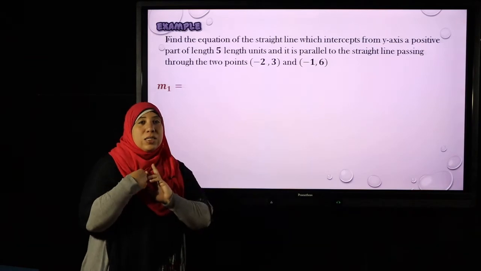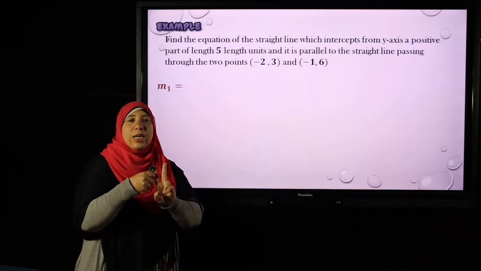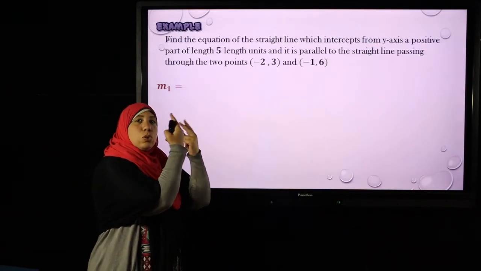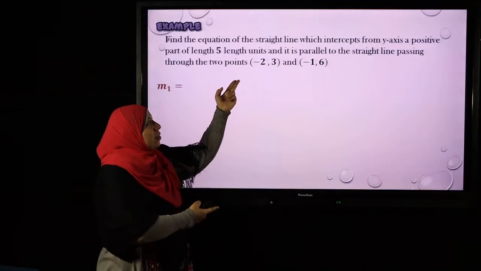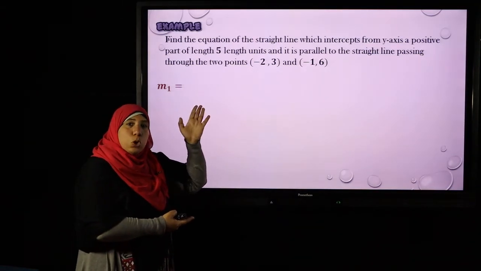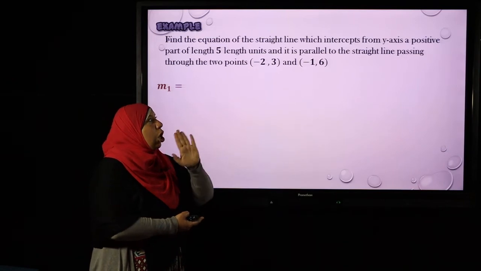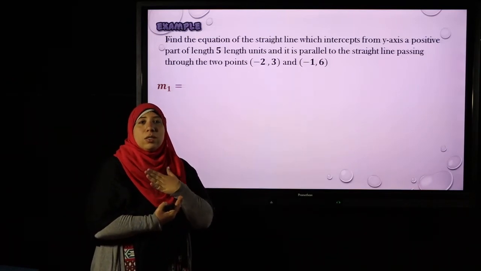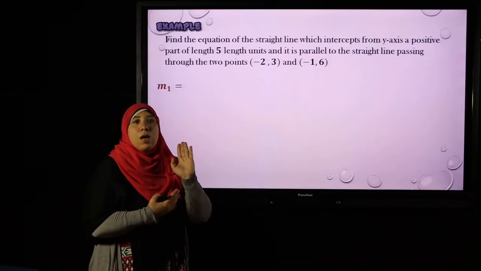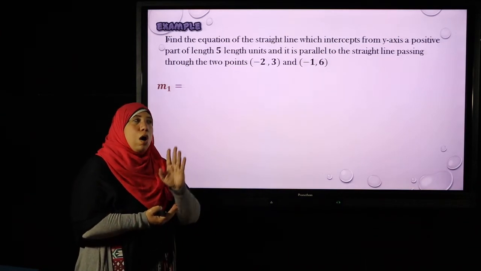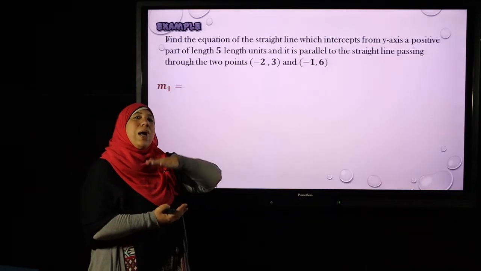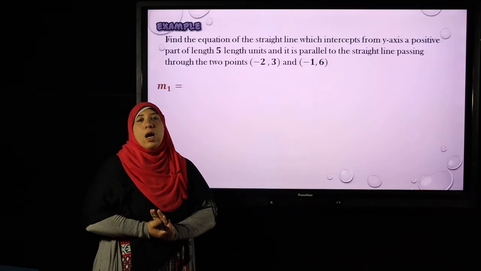I have my straight line, the straight line which I need, and it's parallel to another straight line which is passing through these points. These points are not on the straight line I want. The 2 points here are on the line which is parallel to the line I want.